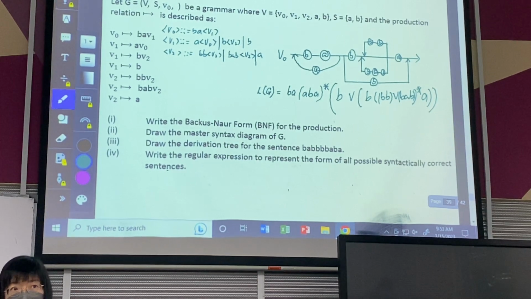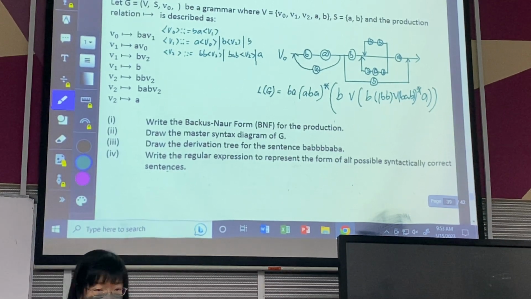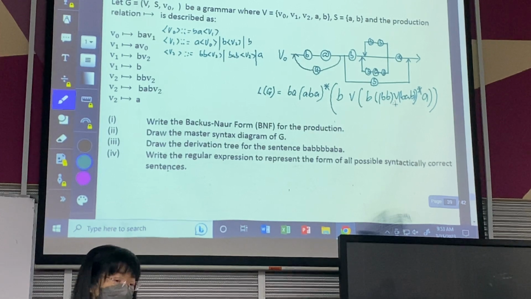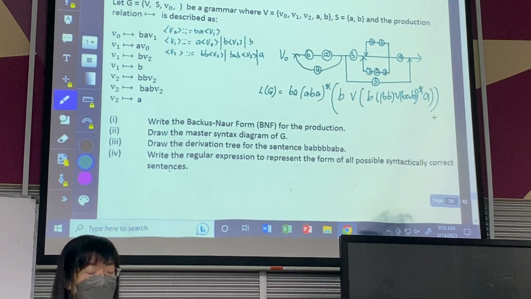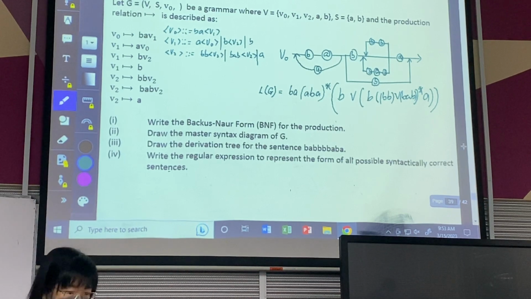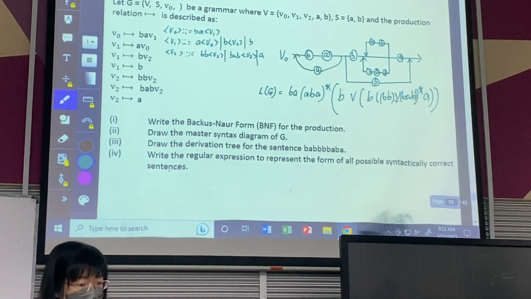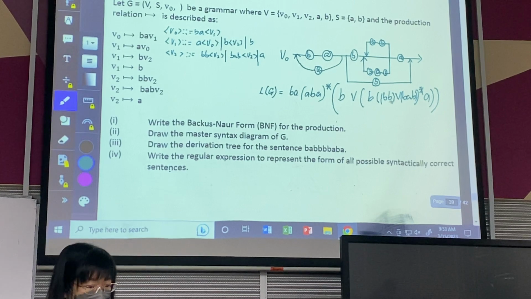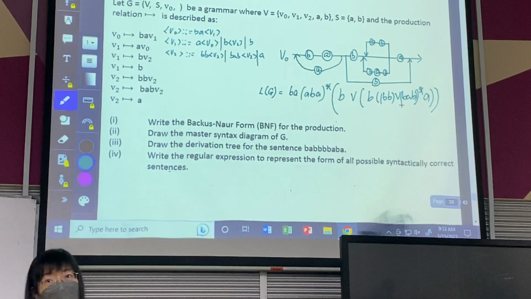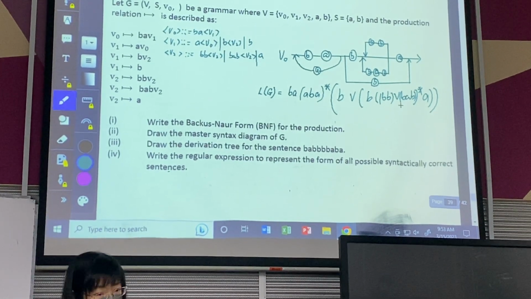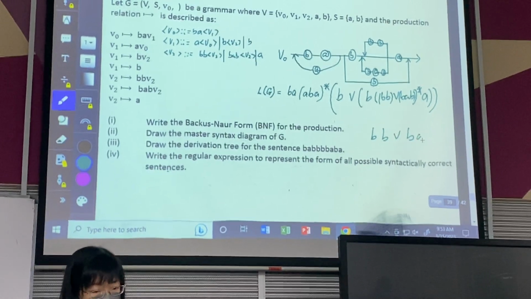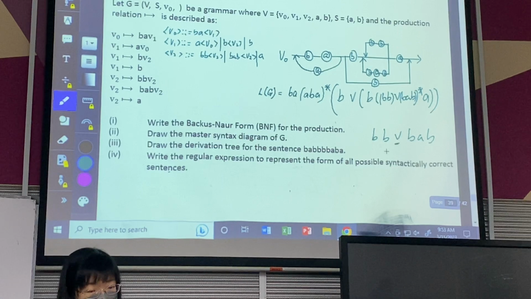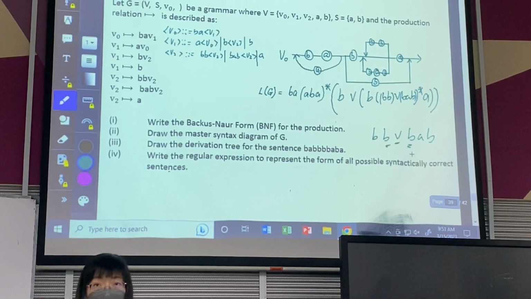Okay? So why do we say so? Because when you have the BB or BAB, if you don't put a bracket, I can interpret it as this OR is only for the last B and the first B. I can say like this, B, B, or B, A, B. I can say this OR is only for these two, if there is no bracket.